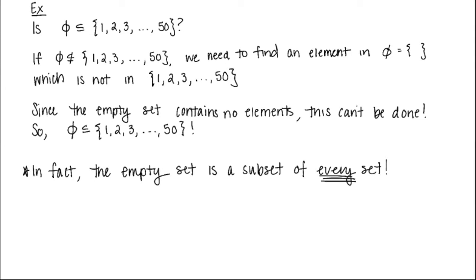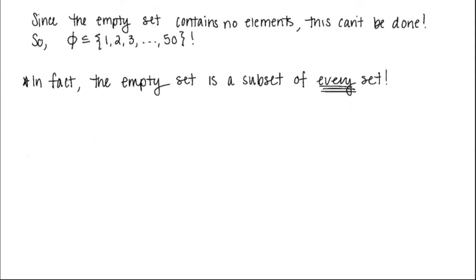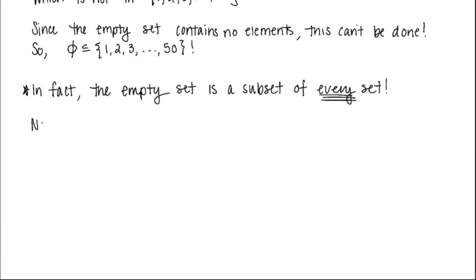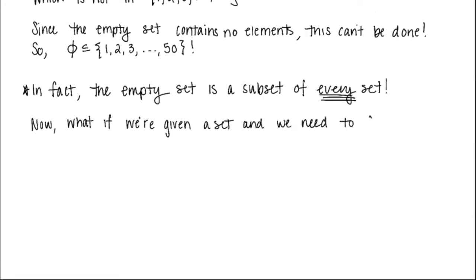So the last thing I have for this section is really kind of finding all subsets of a set. Okay. Let's see, can I squeeze it in here? Maybe. We'll see. Okay. So now, what if we're given a set? And we need to find every subset. Okay.